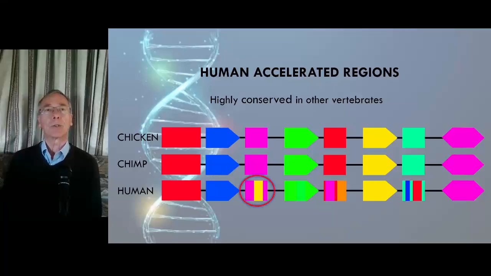We've got the purple boxes here, but in the human regulatory region, there are changes. And we've got three of these illustrated in this diagram. So these sections of DNA are not used to make proteins, but they can be thought of as switches which actually regulate the functioning of genes.